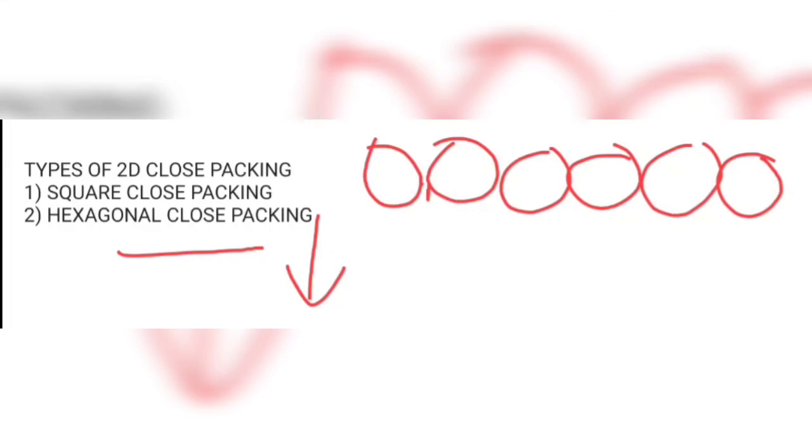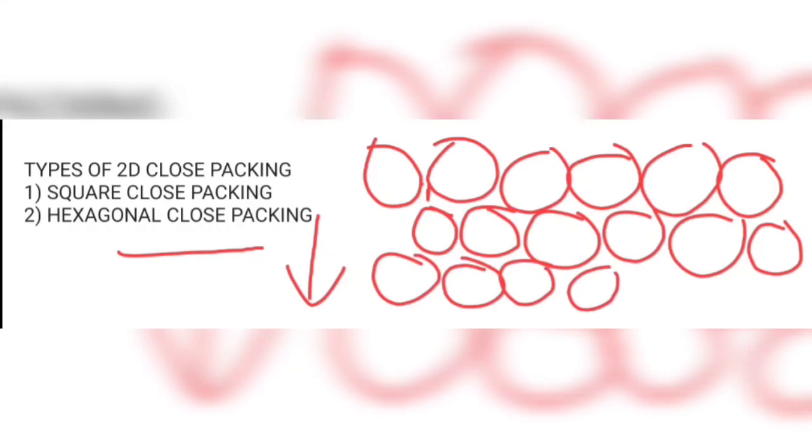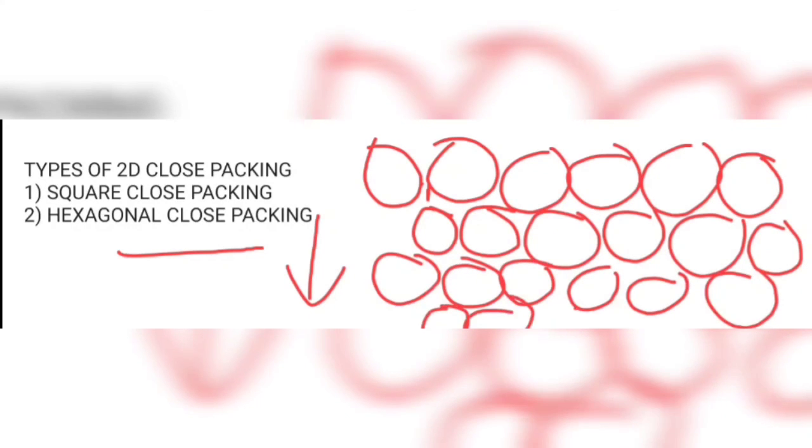So here the particles will be put like this, in between the voids, as you can see. So this formation is known as hexagonal close packing.